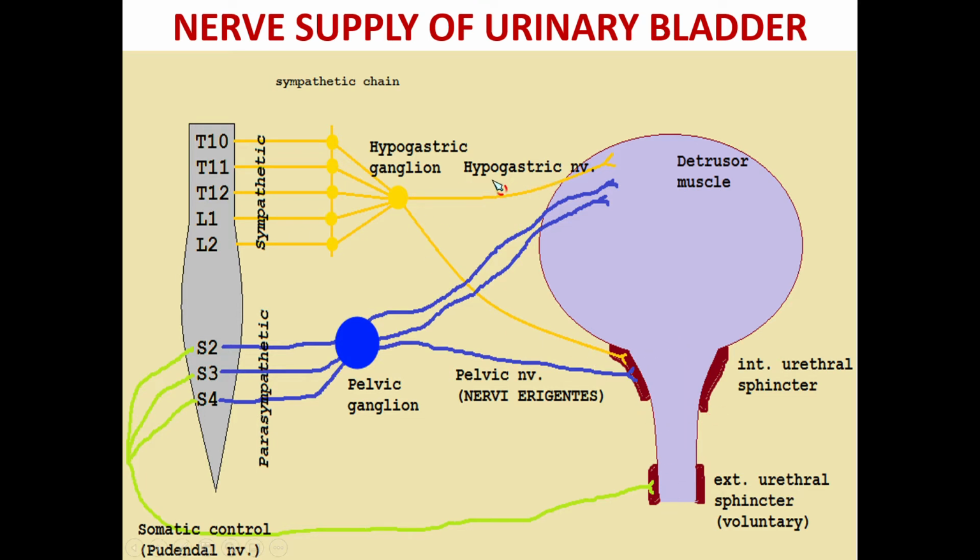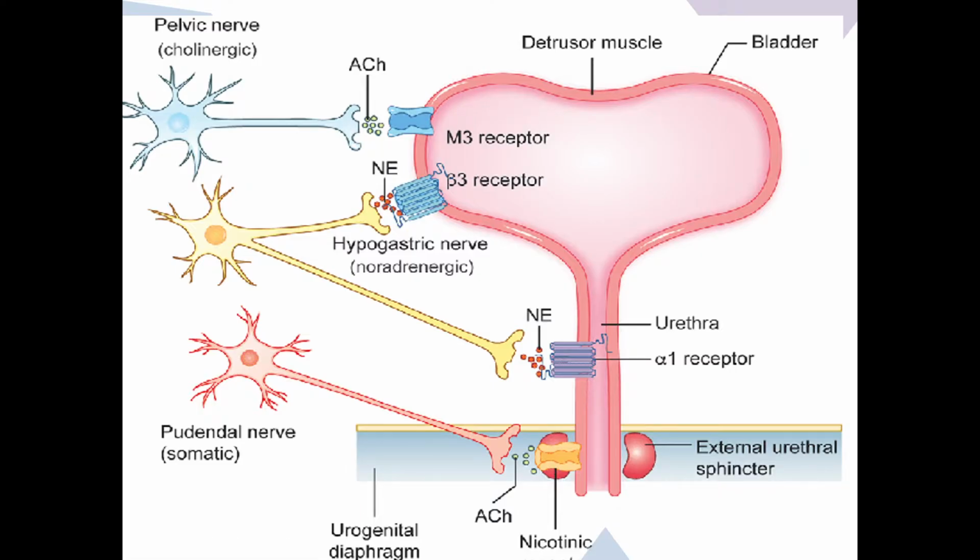So three nerves are supplying: the parasympathetic system, the sympathetic system, and the somatic control. We will see all these things in detail. Because we are concerned with the autonomic nervous system here, we have different types of neurotransmitters which are used.